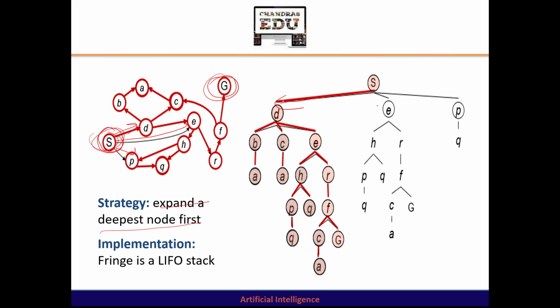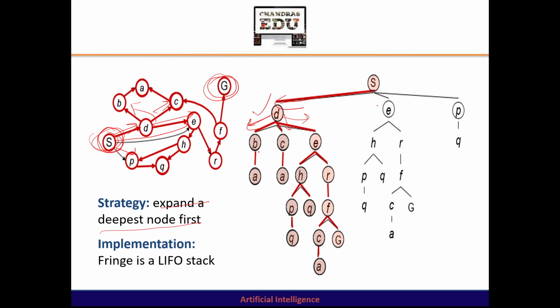As it comes to D, what we have in D is a path to B, a path to C, as well as a path to E. You can find the same thing: path to B, path to C, path to E. But the C and E paths are not explored. Why? Because after S to D, it will just check the leftmost only. So the leftmost is from D to B.